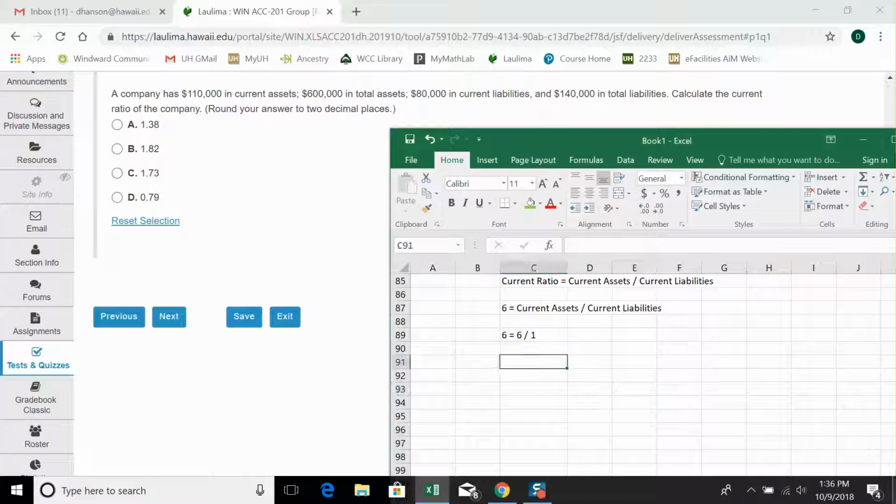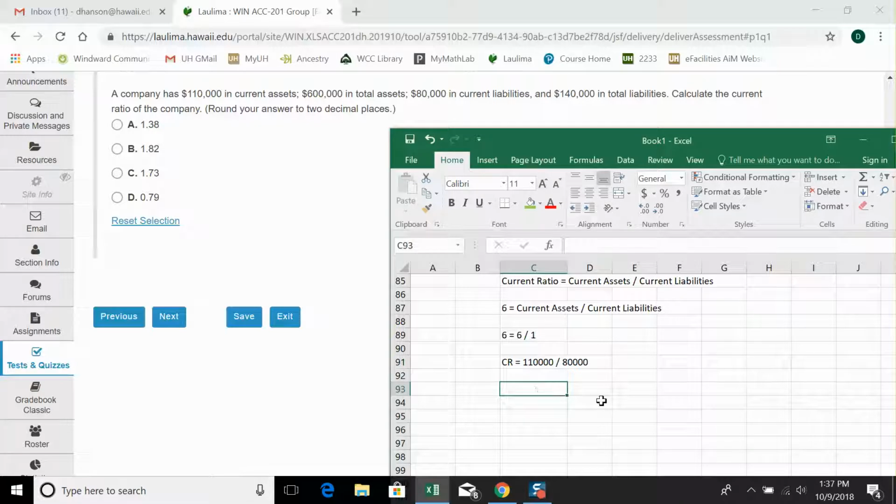Current assets divided by current liabilities equal the current ratio. So for this problem, current ratio will equal the current assets of 110,000 divided by the current liabilities of 80,000. Okay, and it's coming right from this sentence up here.